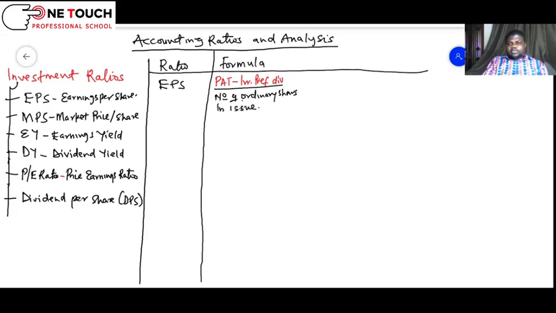Okay. The answer should be in cedis per share, or the currency per share, the currency that you are using.